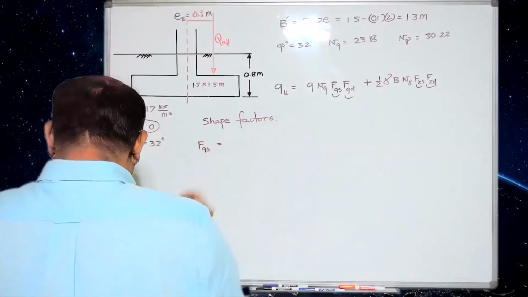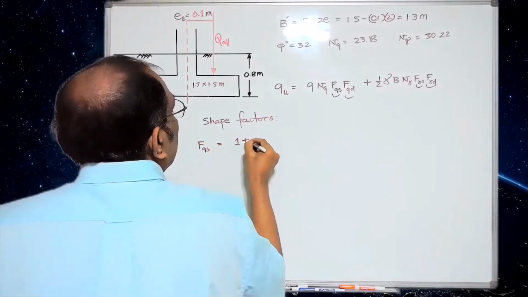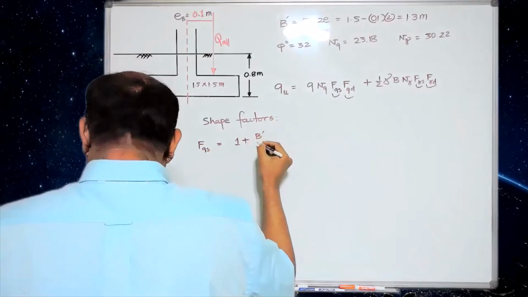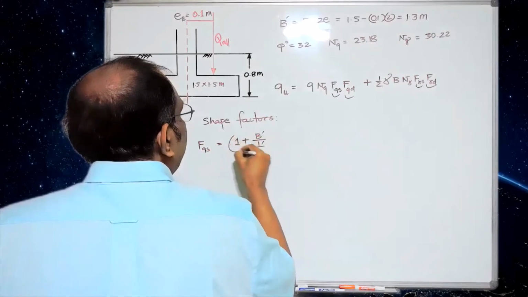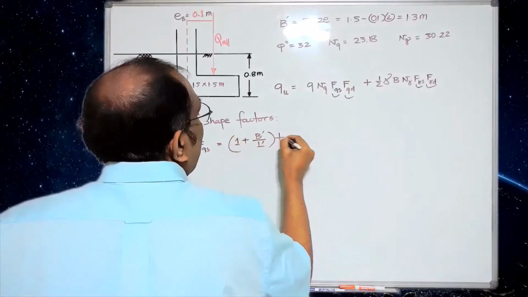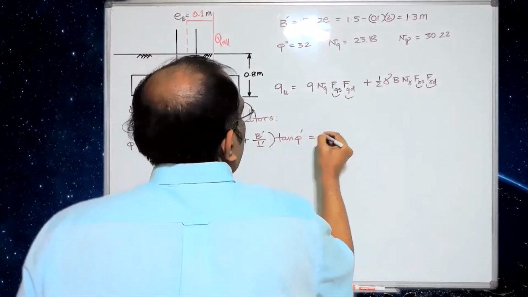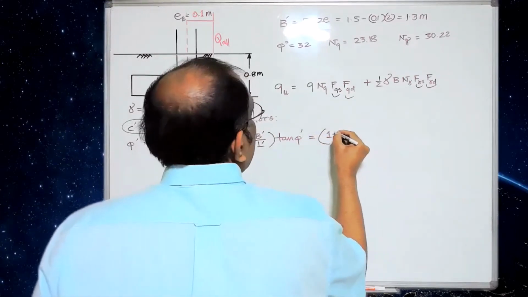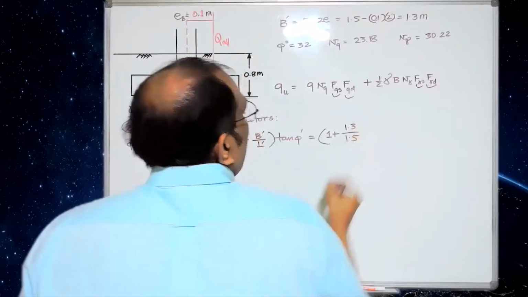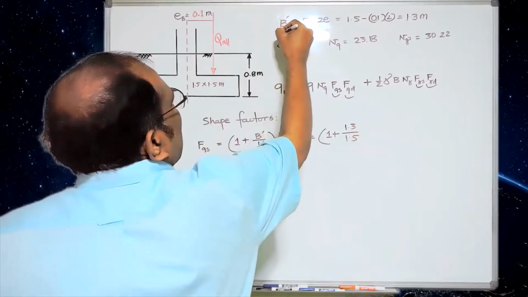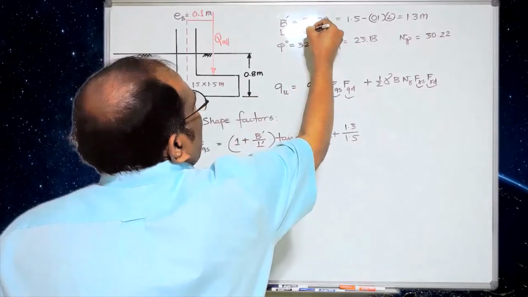FQS is basically 1 plus B prime by L prime, tan phi prime. So you can see here I'm using 1 plus 1.3 divided by 1.5, because my L prime didn't change since there is no eccentricity in the L direction.